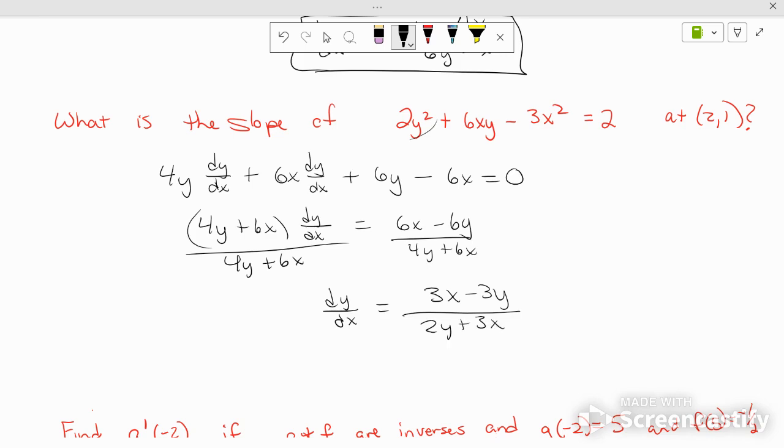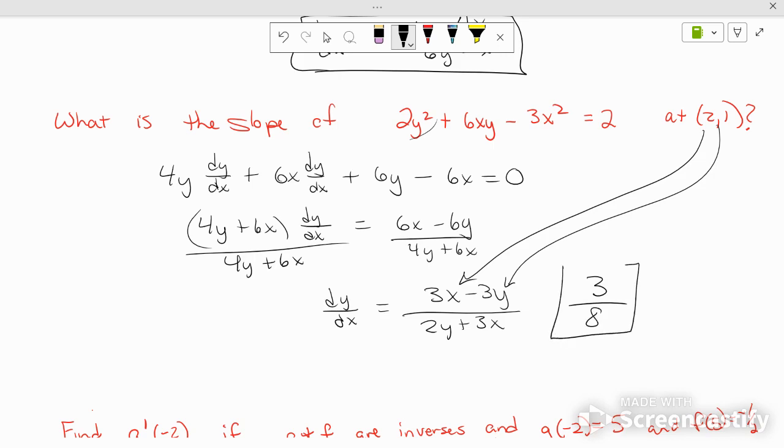But we're not done because we're trying to find the slope. Plug in a 2, plug in a 1. So you get 6 minus 3, which is 3, over 2 plus 6, which is 8. 3/8 is the slope.